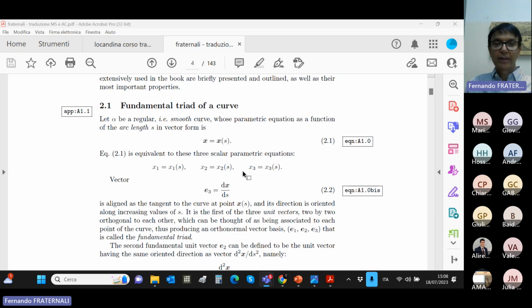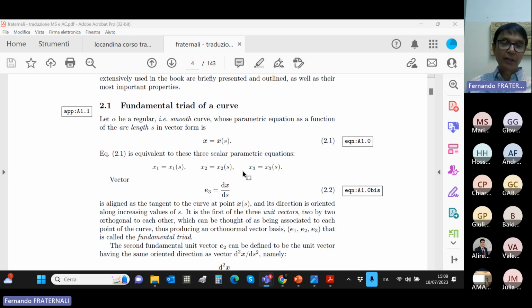The first vector, which is E3, has the index 3, but it's the first vector we introduce. It is just the derivative of the position vector of the generic point with respect to the arc length, the abscissa measured along the curve alpha.